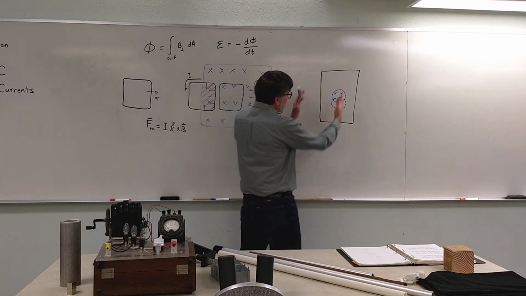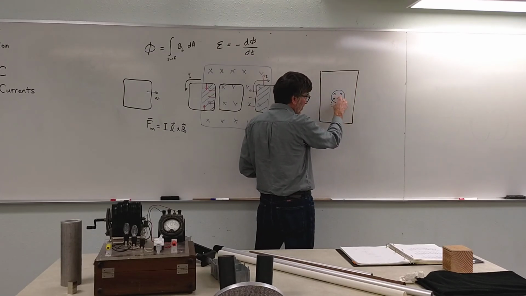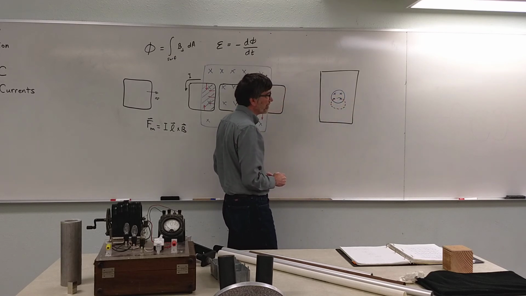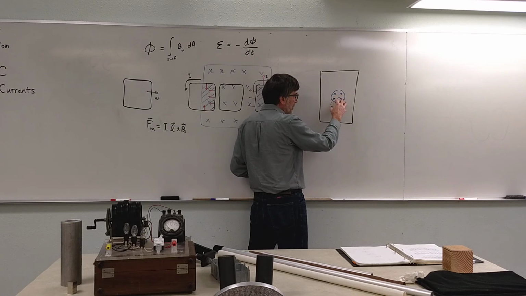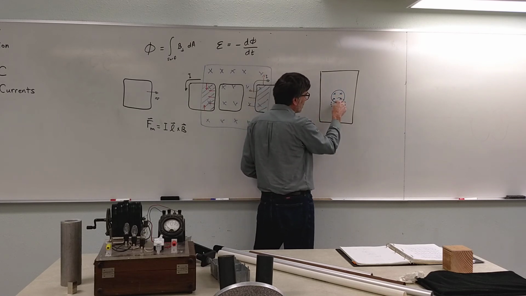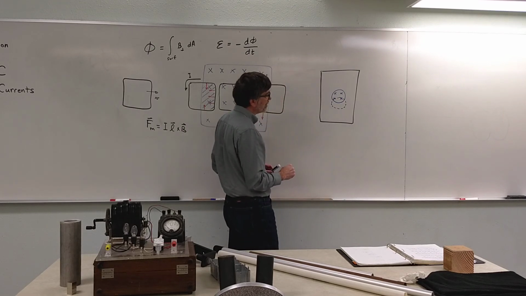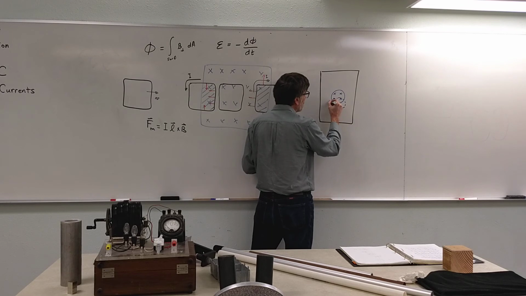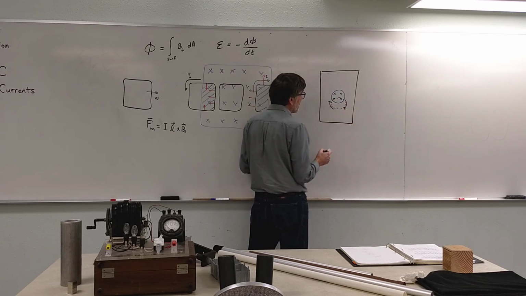Now, if this aluminum is dropping down, then this particular dotted line, this possible path of current going around within the aluminum, is moving down. It's leaving the field. And so the flux that's going through it that direction is disappearing. So current would go in such a way as to replace it. So you'll have current going around like that.